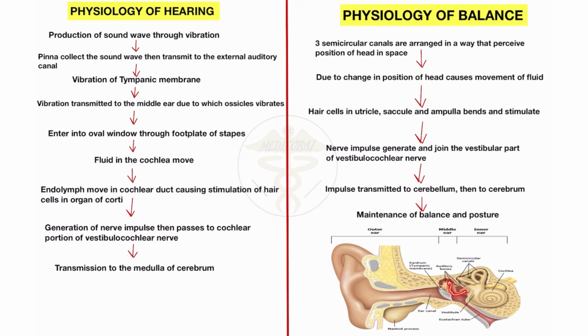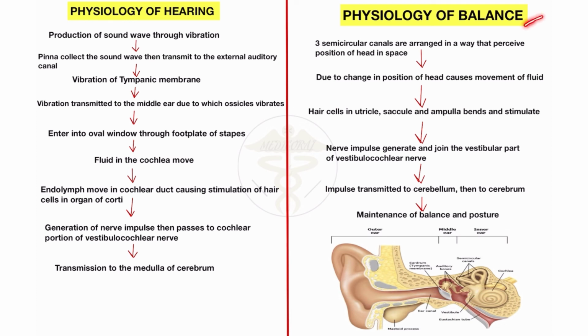Then through the foot plate of the stapes to the oval window, then into the cochlea, where the endolymph fluid moves and causes generation of impulse to the vestibulocochlear nerve. The nerve is connected with the brain, and we detect the sensation of sound. So this is about the physiology of hearing, how we hear sound.